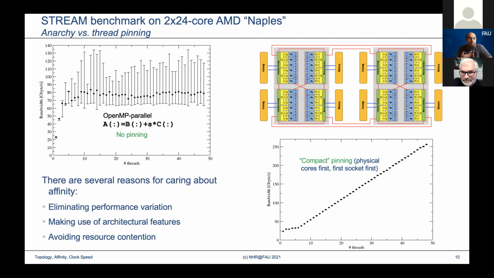So there are several reasons to care about affinity control. It eliminates the performance variation, as we see here in these two pictures. It makes use of architectural features. Like if we have polluted our cache with data and then we move the thread away, we have to reload the data into the new private cache.